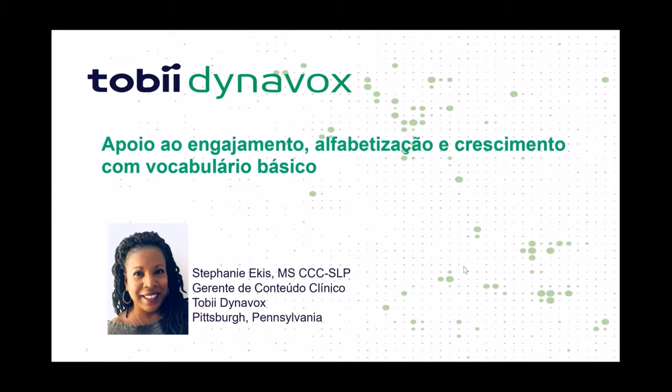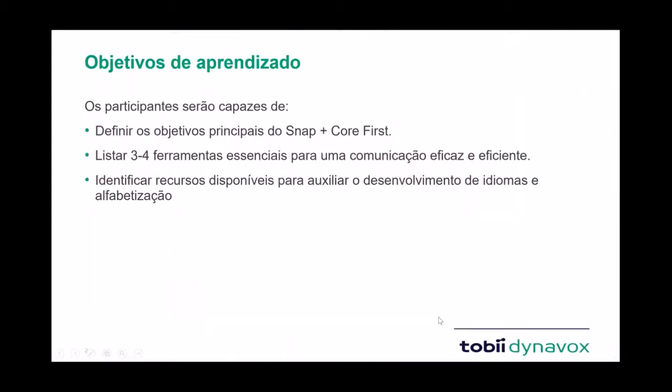The way today is going to go is we have some specific learning objectives. We're going to spend time talking about how we can support engagement, literacy, and growth using core vocabulary. The core vocabulary system that we're going to be using is, as I mentioned earlier, our new Snap Plus Core First.